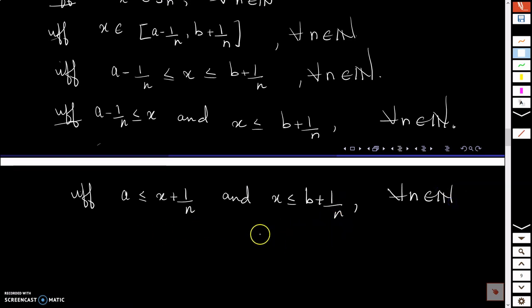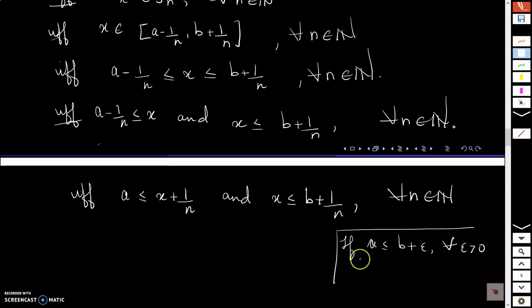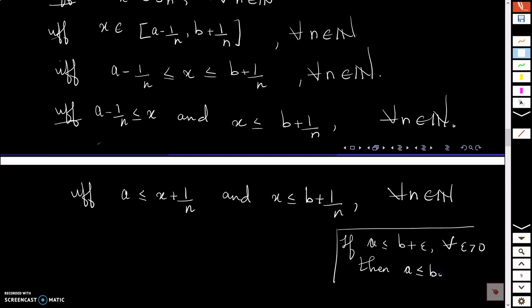I will just recollect a result which says if a is less than or equal to b plus epsilon for every epsilon positive, for that matter you can pick epsilon as 1 by n also, then a will be less than or equal to b. This is the result which I am talking about.